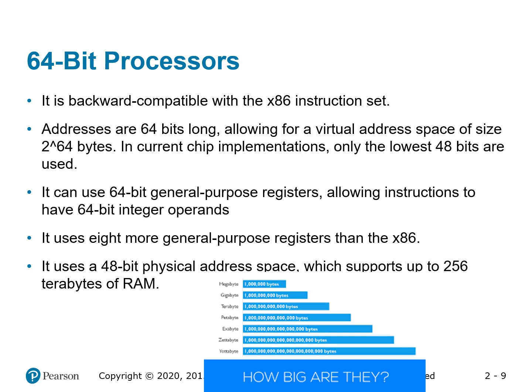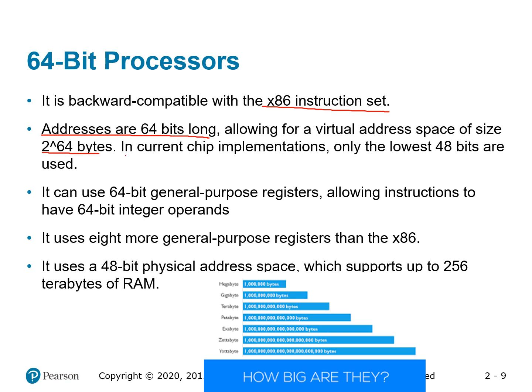So the 64-bit processor is backwards compatible with the x86 instruction set. Its addresses are 64 bits long. With a 32-bit processor, the addresses are 32 bits long. It allows for a virtual address space size of 2 to the power of 64, which is more than 17 gigabytes.